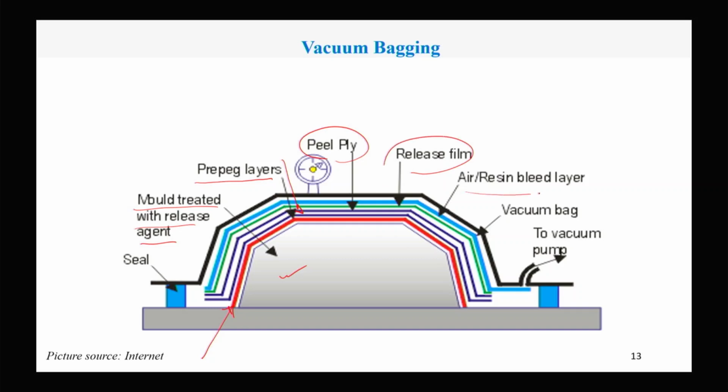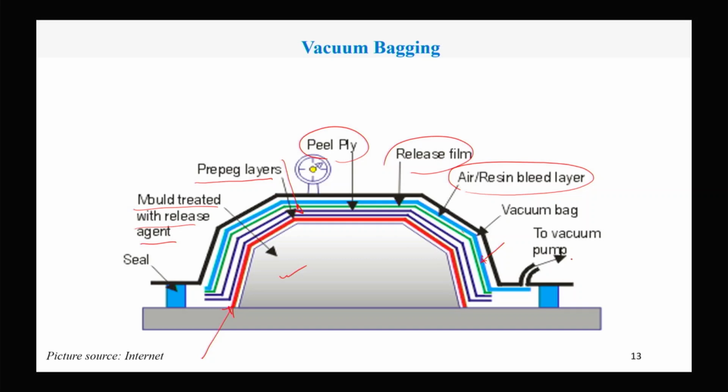Air or resin bleed layer. So different types of layers are there, and after that the vacuum bag is here, shown by the sky blue color.